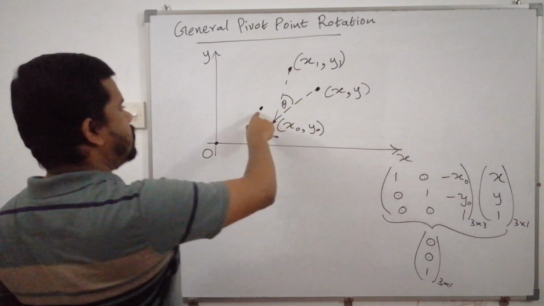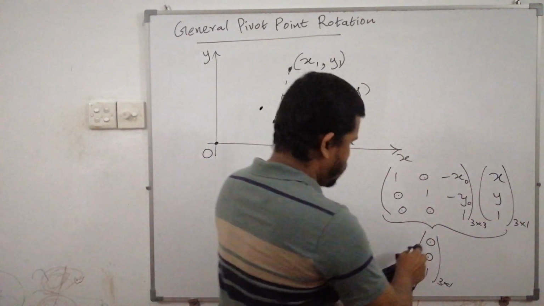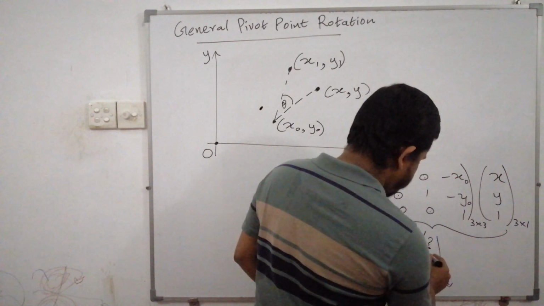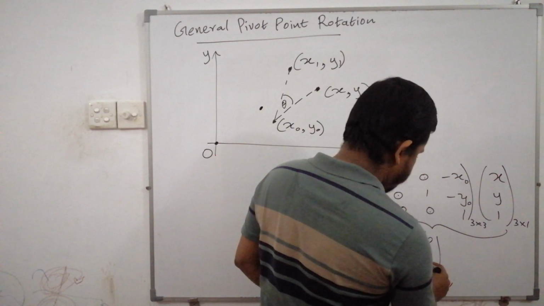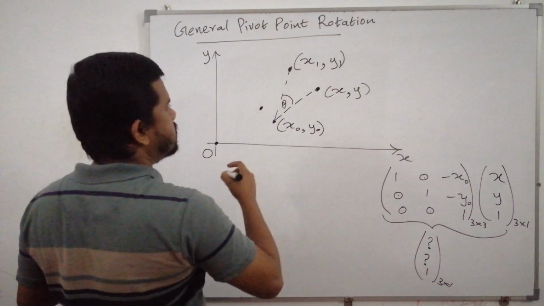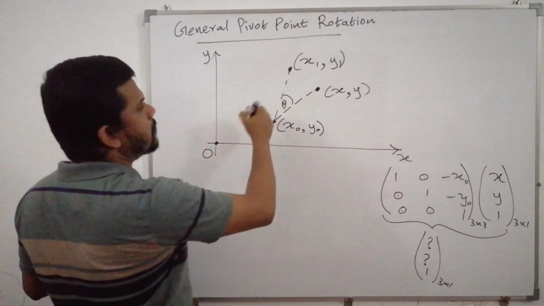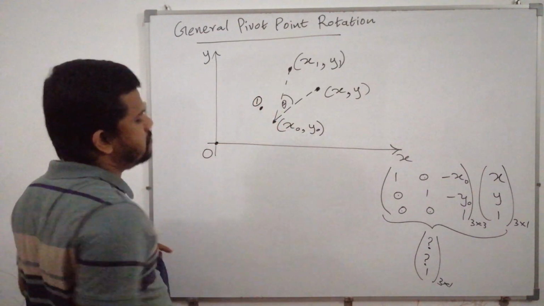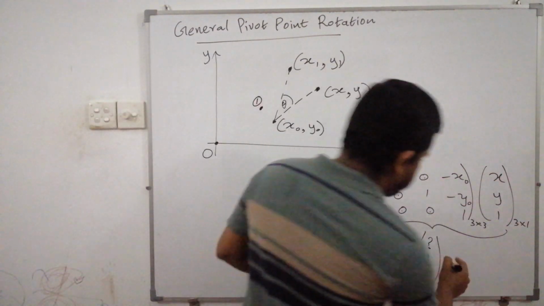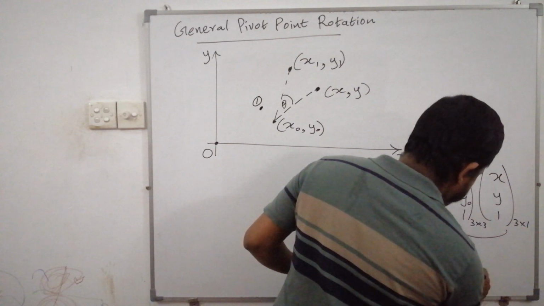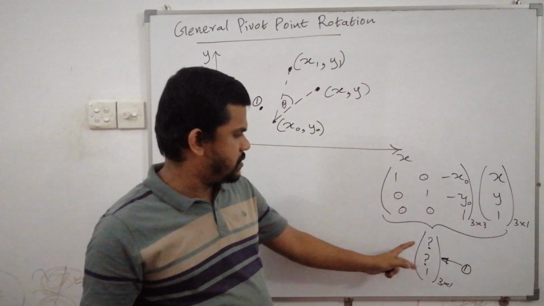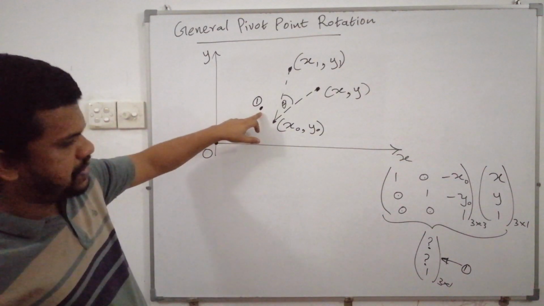This point will come to somewhere here. So its coordinates, let's say this is our position 1, this one. So this is the matrix that corresponds to this position.